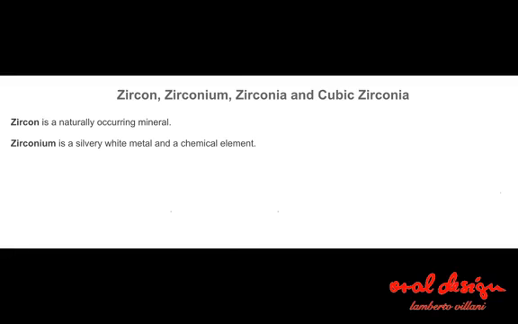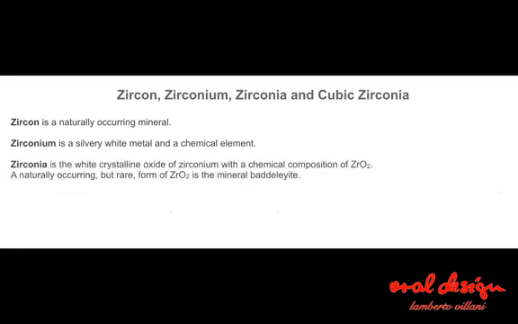Zirconium is a silvery white metal and a chemical element, meaning we can find it in the periodic table. Zirconia is the white crystalline oxide of zirconium with a chemical composition of ZrO2. A naturally occurring but rare form of ZrO2 is the mineral baddeleyite. It's found in Brazil.